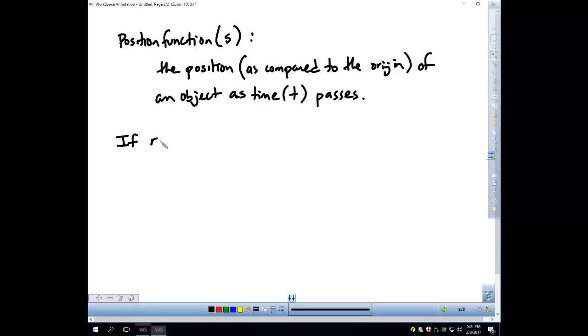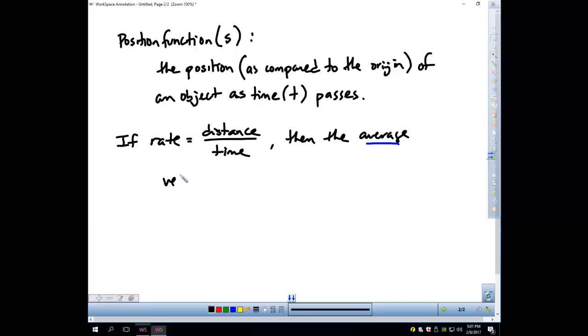So remember, distance equals rate times time. If we manipulate that formula a little bit, rate equals distance divided by time, then we can find the average velocity, or the average speed, and we're talking about average right now. Make sure you're paying attention to that.